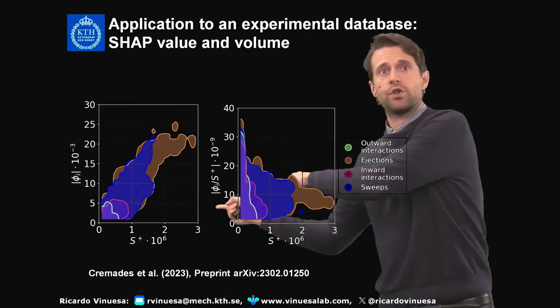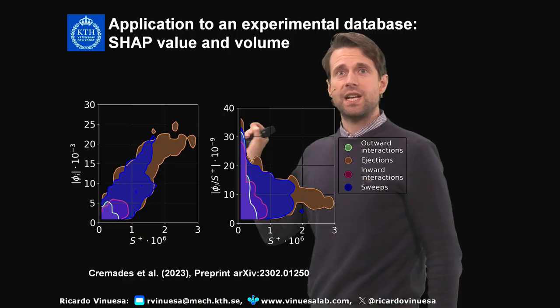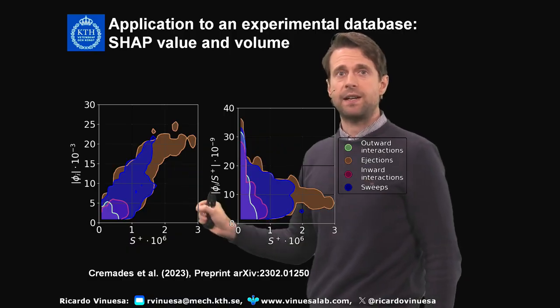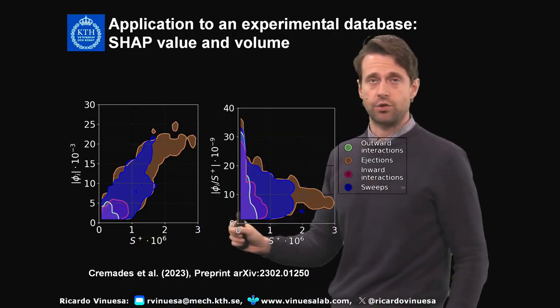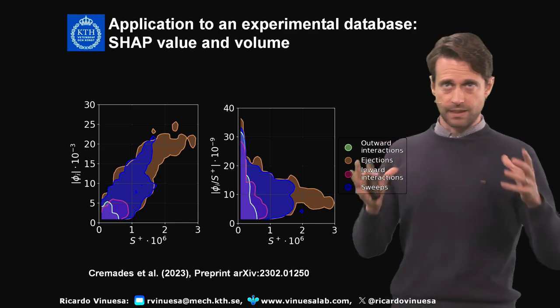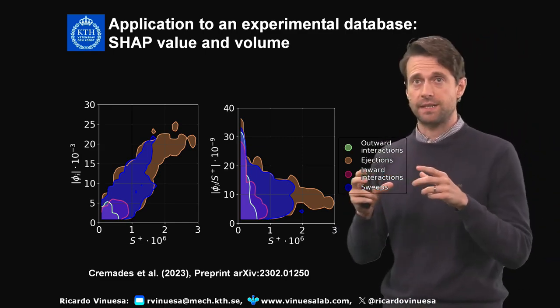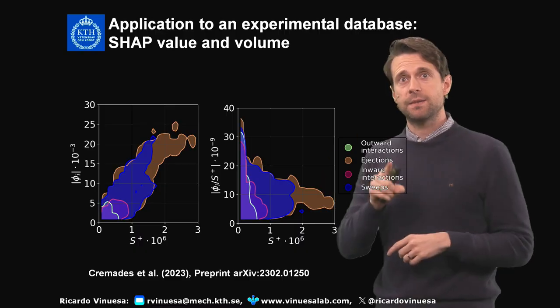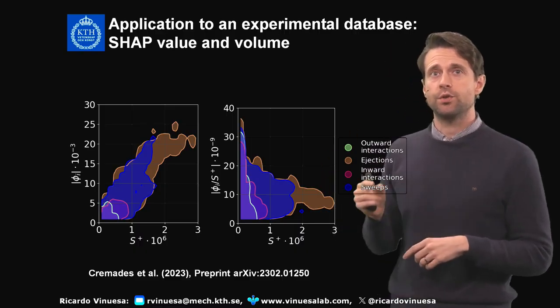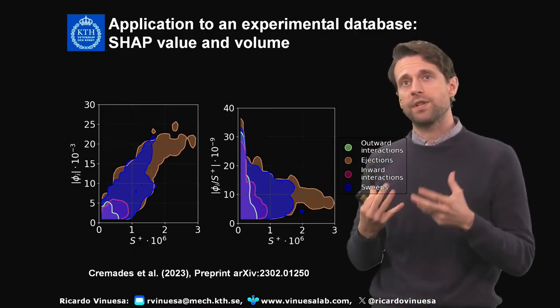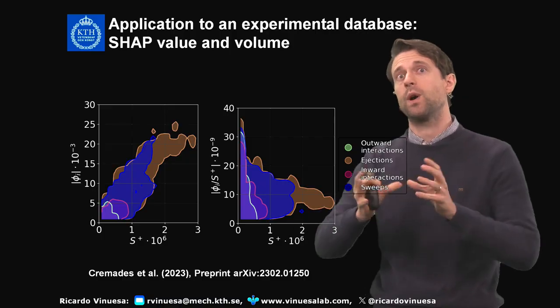Over here, we're showing you, first of all, the SHAP value in the vertical axis as a function of the surface of the structures. Remember that now, instead of having volumes, we will have surface. And then these are going to be scale linear units. In this part over here, we are showing you by colors the type of structures that we are finding with respect to the quadrant analysis.